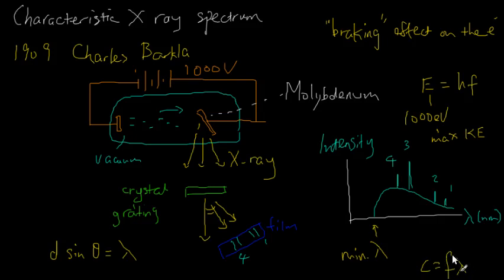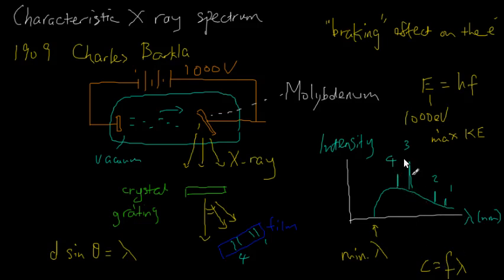So if f is big, λ is small. So that's why there's a very sharp cutoff here, because we don't get X-ray photons with energies more than the energy of the incoming electron. Okay, so there can be no spectrum below this wavelength. So that explains this continuous spectrum. It's due to the braking effect on the electrons.